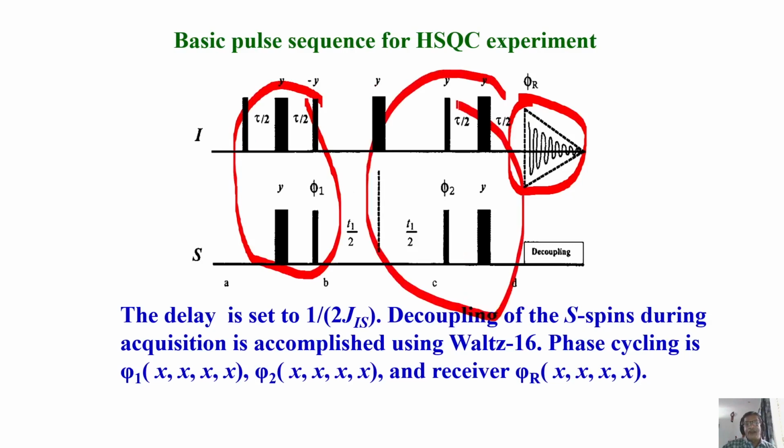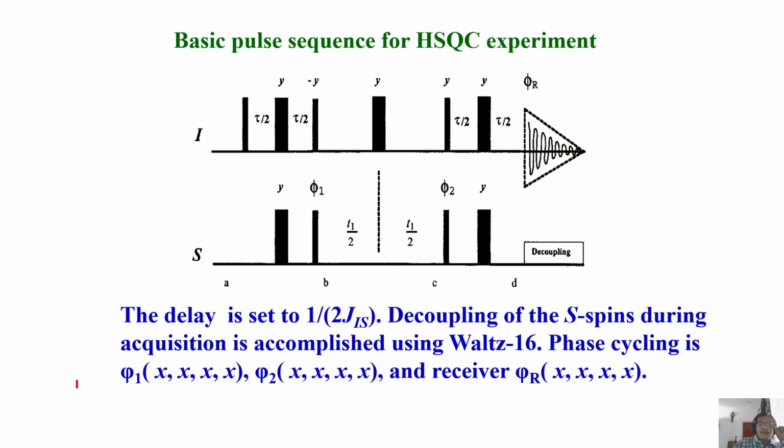In this block, we take it back from carbon to proton, and then start seeing the proton signal while decoupling carbon. We observe proton, decouple carbon. That is the interesting part of this experiment. Inverse experiment means we detect proton and indirectly get the information about the coupled carbon.